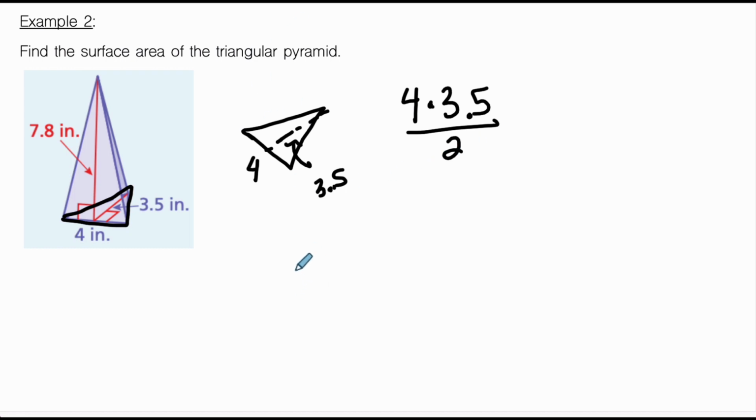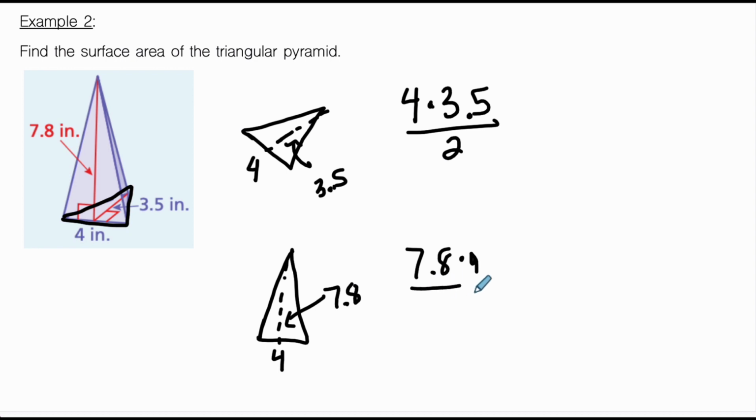And then your other 3 sides are these long, skinny-ish triangles, and those have a base of 4 and a height of 7 8/10 inches. So you're going to be doing the base times the height divided by 2, but you have to triple that because there's 3 of those faces.